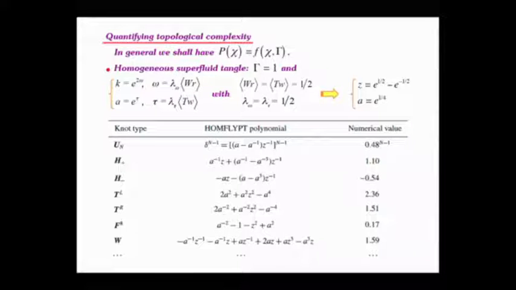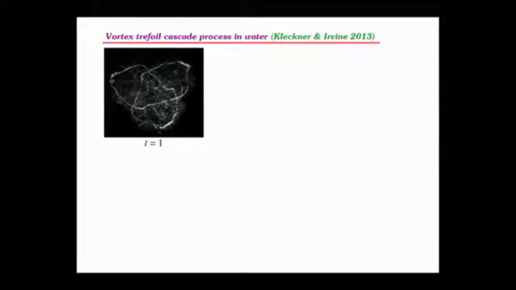So I go back to vortex experiments. We have a vortex trefoil cascade process in water. These are real vortices in water, and they're very, very thin. This is not superfluid, so it diffuses and dissipates quickly.